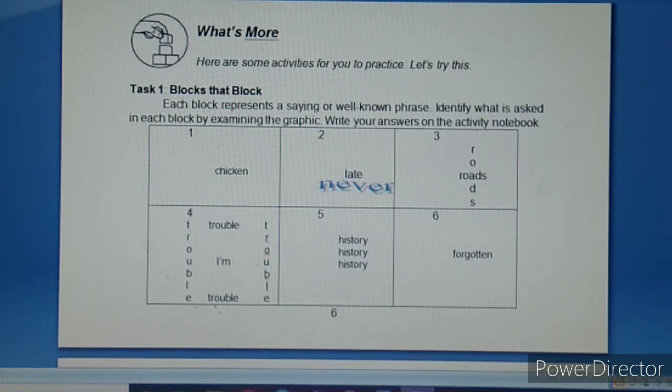So you have there the word trouble on the left side. On top, we have trouble, then in the center, I'm, then below, trouble. Then on the right side, we have another word which is trouble. So what do you think is a well-known saying or phrase that could represent the words that are found on block number 4? Okay, the correct answer for number 4 is I'm in trouble.